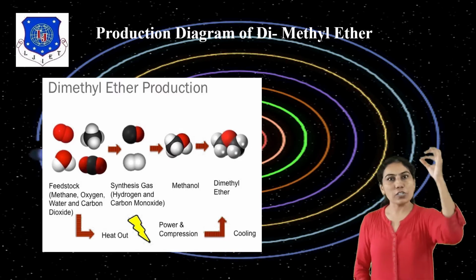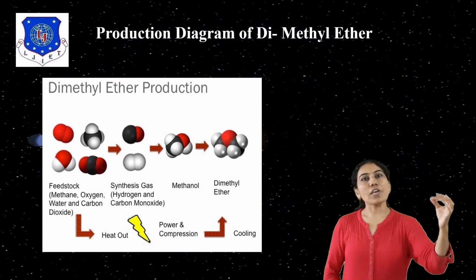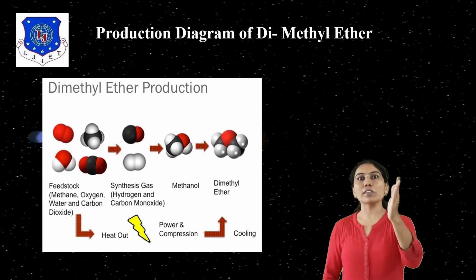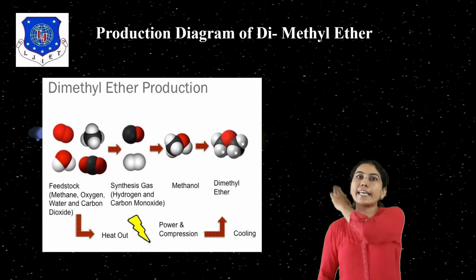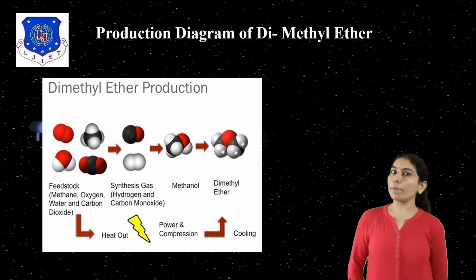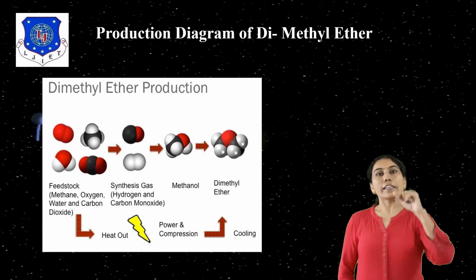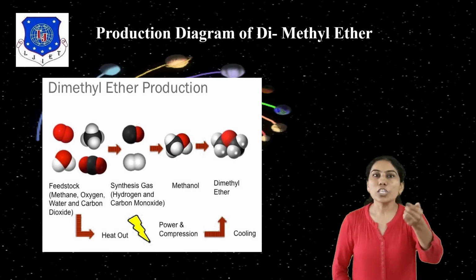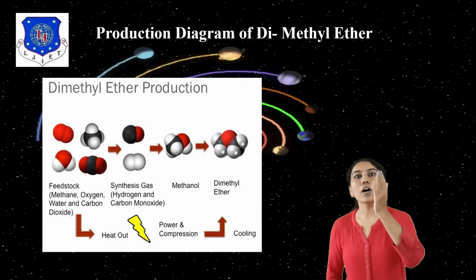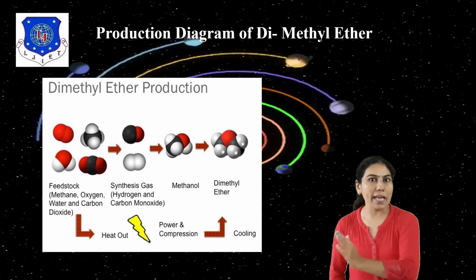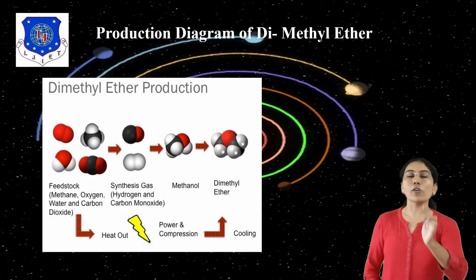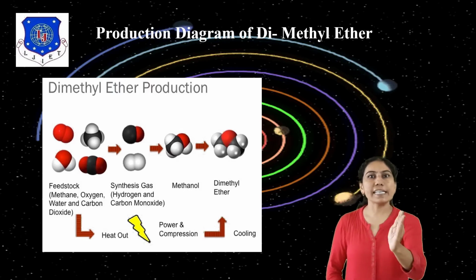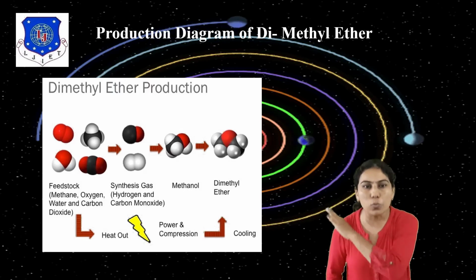So first, which type of feedstock? Methane, then oxygen, then water and carbon dioxide. With CH4 plus H2O, you can convert to synthetic gas. Which synthetic gas? Carbon monoxide and hydrogen. Then in the second chemical reaction, CO plus 2H2, you can convert to methanol, CH3OH, and 2 molecules of methanol you can convert to DME, CH3OCH3, plus water.